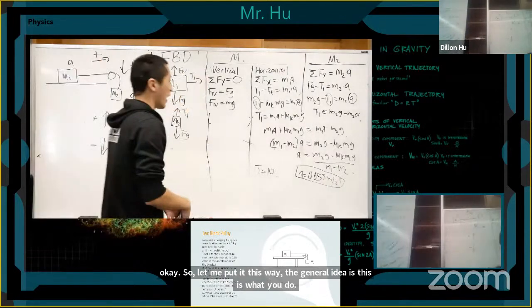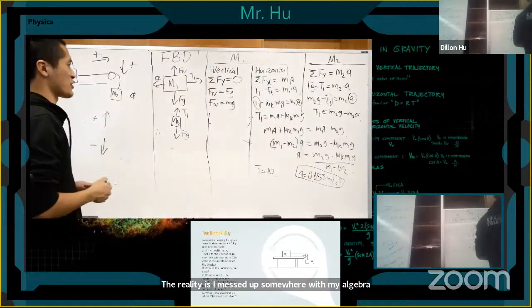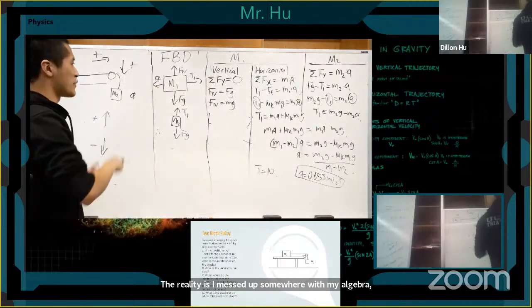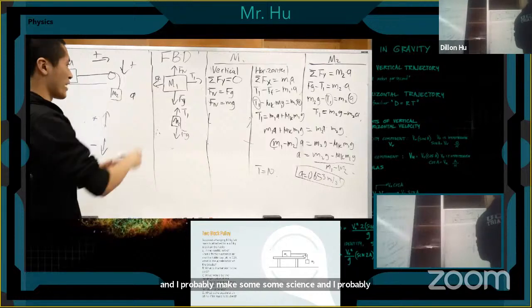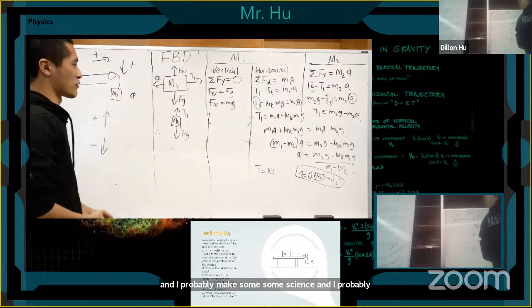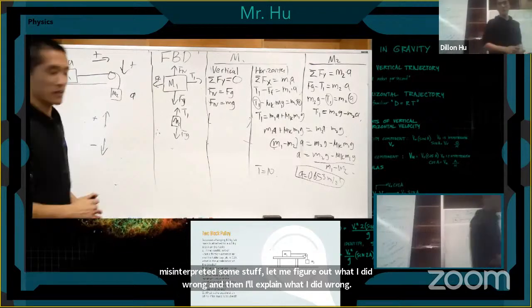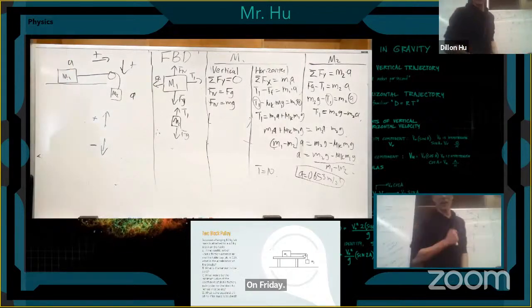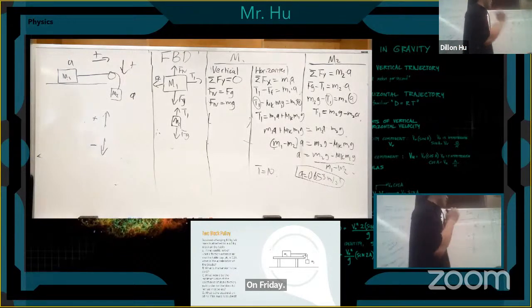The reality is I messed up somewhere with my algebra, and I probably mixed up some signs, and I probably misinterpreted some stuff. Let me figure out what I did wrong, and then I'll explain it on Friday. Thank you for catching my error. I already kept you guys 3 minutes over, so I feel really bad for my incompetence. But you guys are free to go. No homework. I'll see you on Friday, and I'll figure out what I did wrong here.